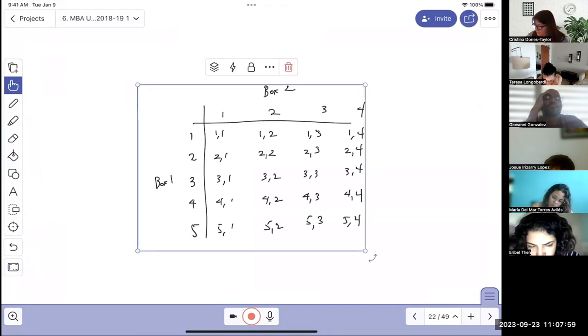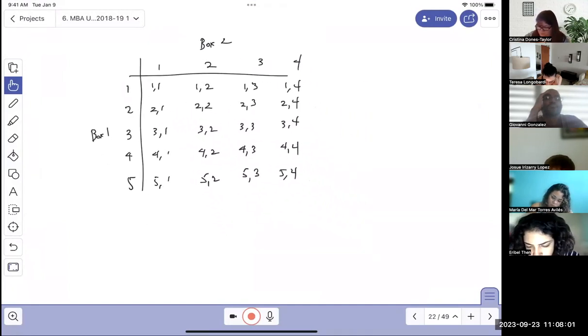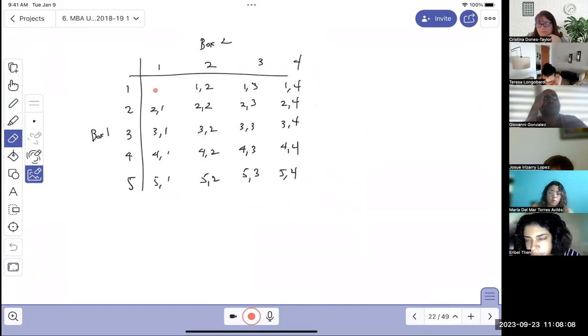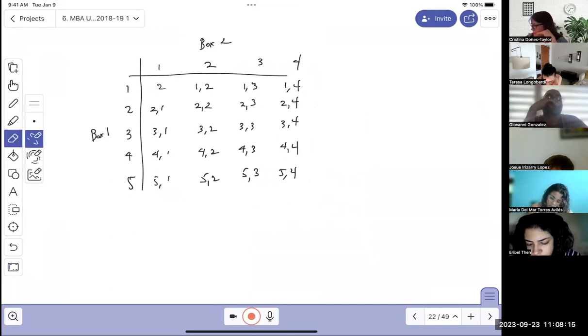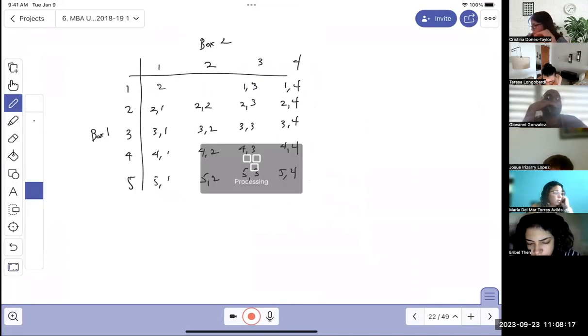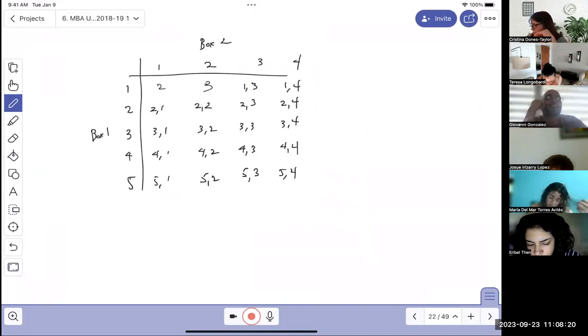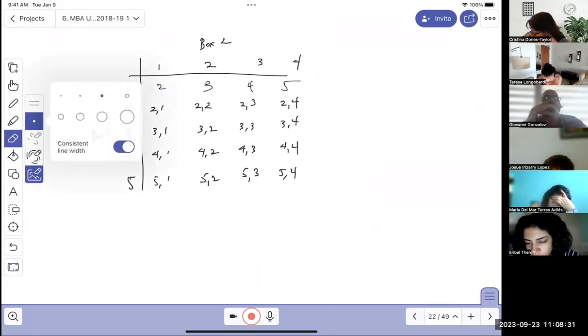Okay, so let's replace each cell with the sum. So I'm using this as my chalkboard. This is 3, right? So you get the idea. This is going to be 4, 5. And basically I know what to do for the rest.